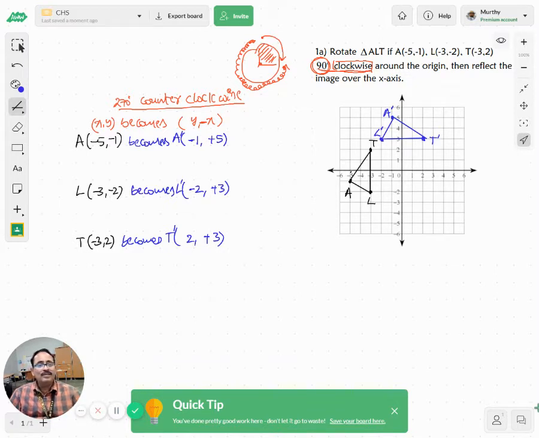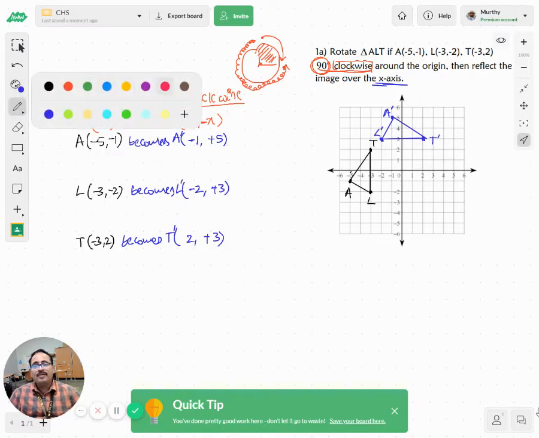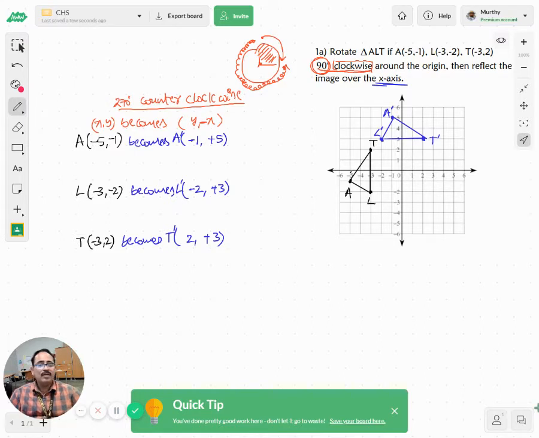Then the next one is to reflect the image over the x-axis. So you have to reflect this one over the x-axis. Let me choose a different color. When you reflect on the x-axis, here is the x-axis. I count the distance.